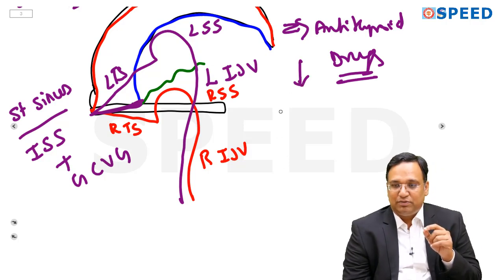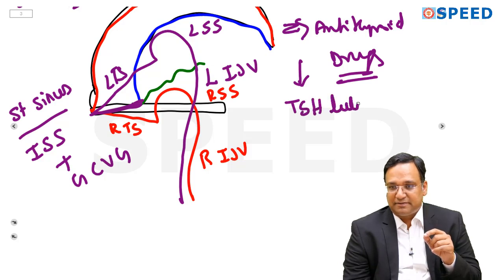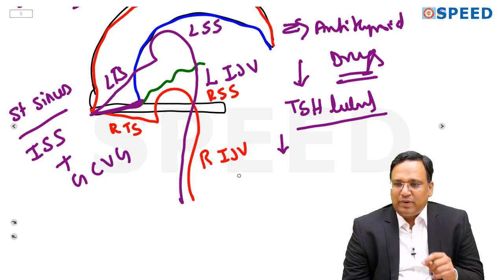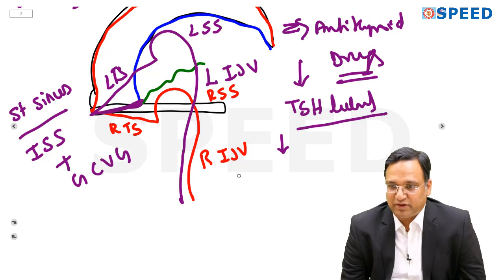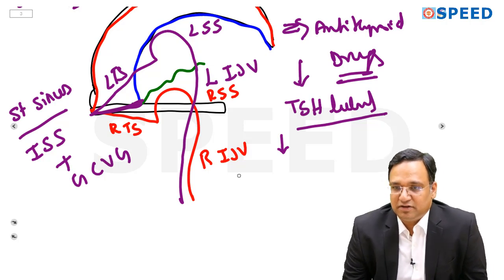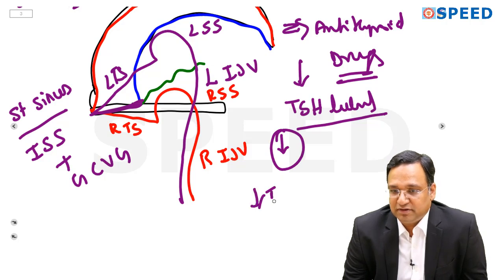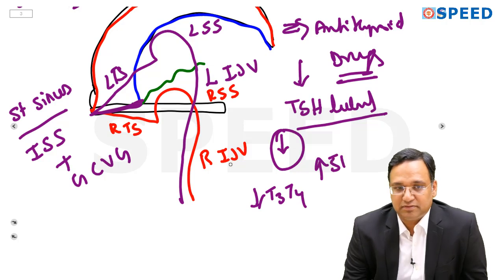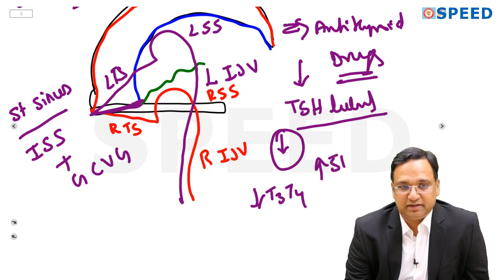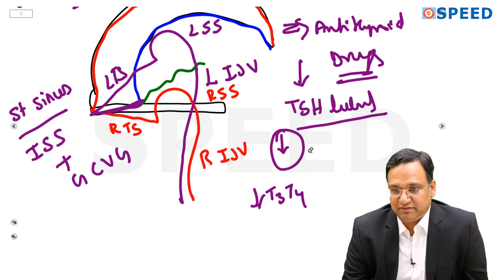Try to understand, whenever you give an anti-thyroid drug, you reduce the levels of T3 and T4, and automatically the TSH level will go up.